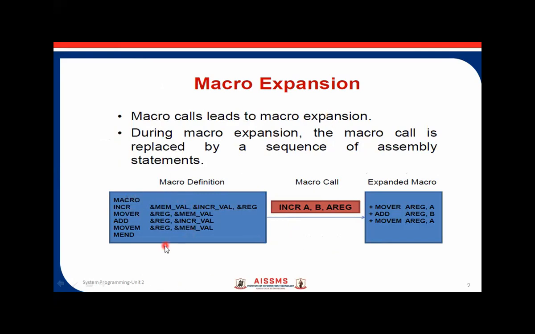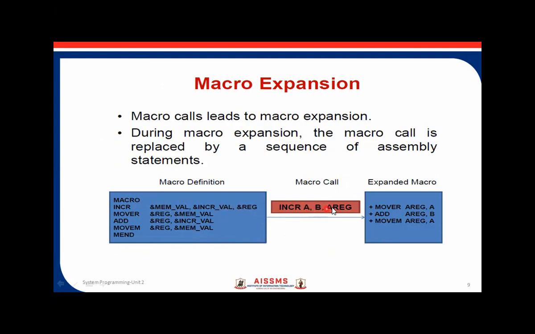Suppose we have this particular macro definition in our program. Whenever we make a macro call by calling the macro with the macro name, here INCR is the name of the macro. I have made a call to the macro INCR by passing the required arguments.